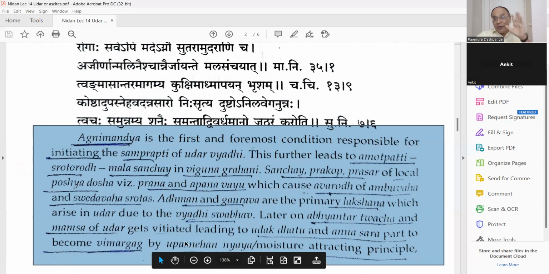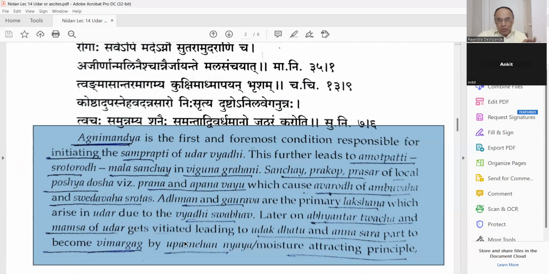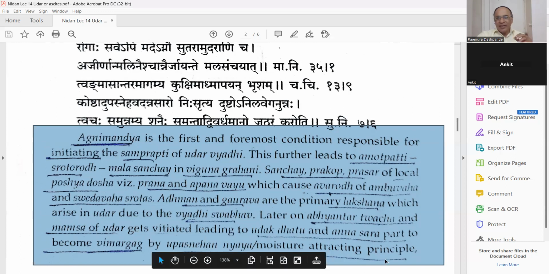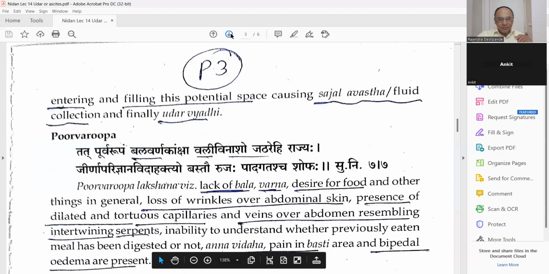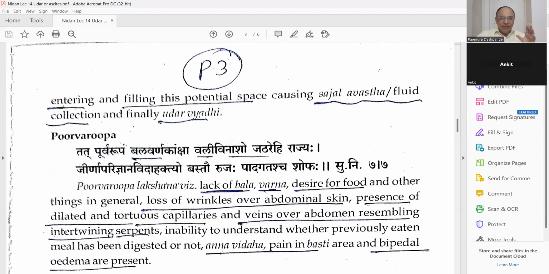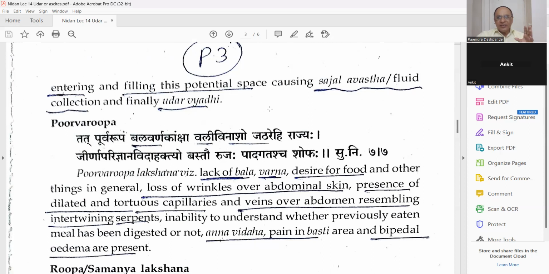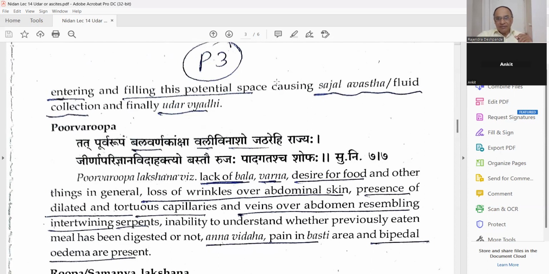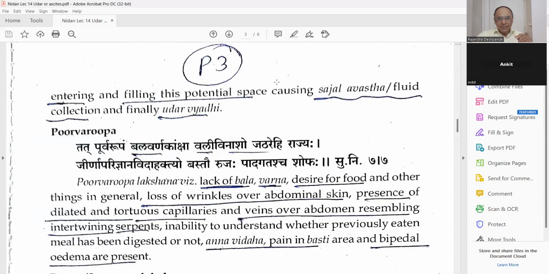I will use it 5 times. It's like osmosis, an attracting principle will act over there. Now we will go further. Entering and filling the potential space, that is a Sajala Avastha. Collection, and finally Udara Vyadhi will develop.